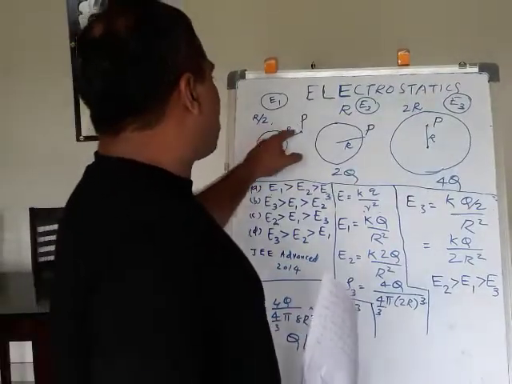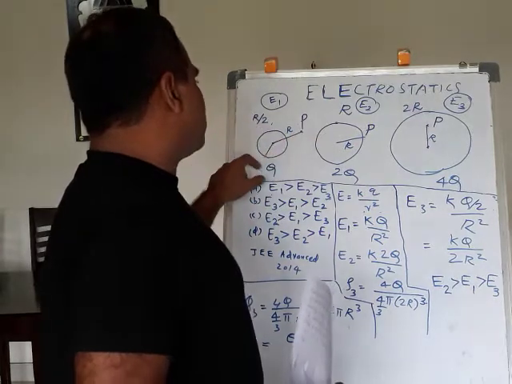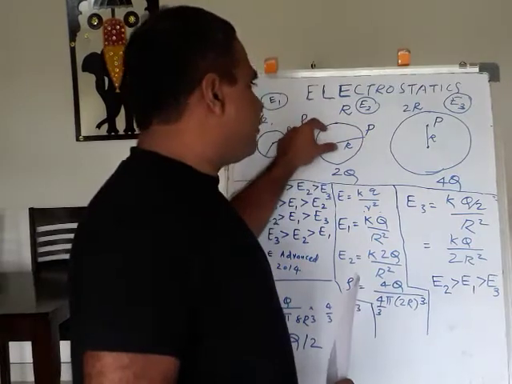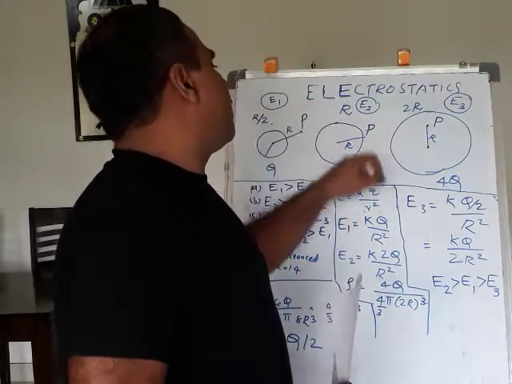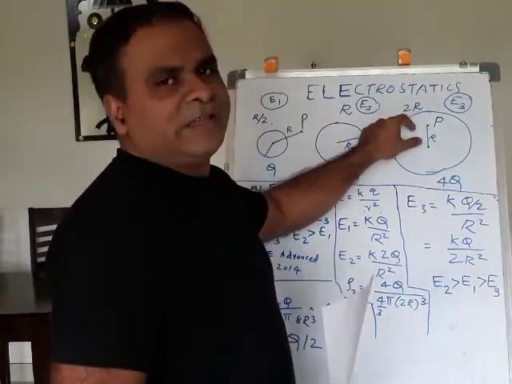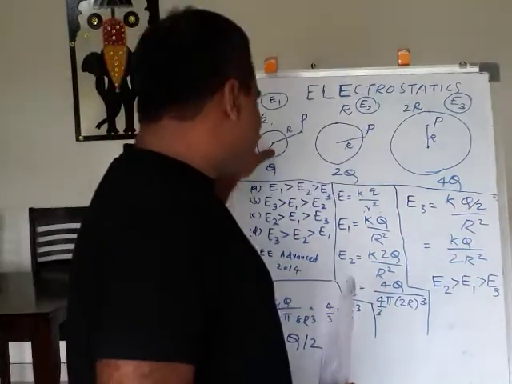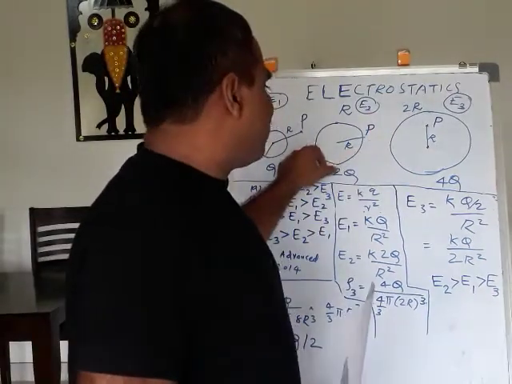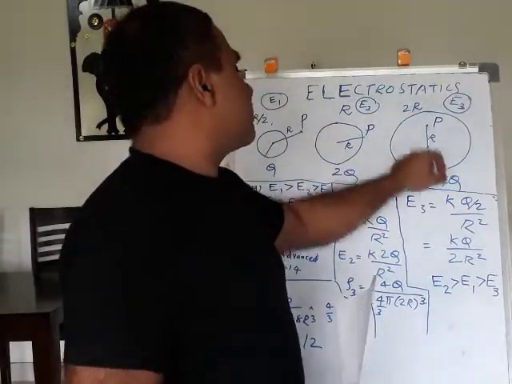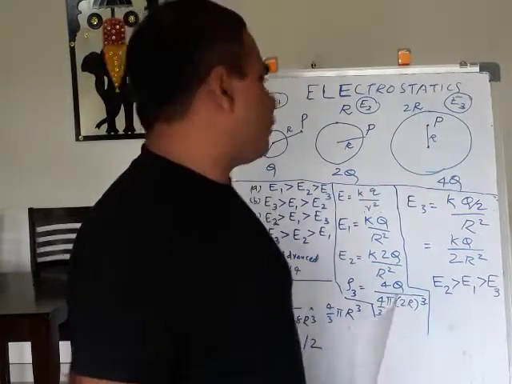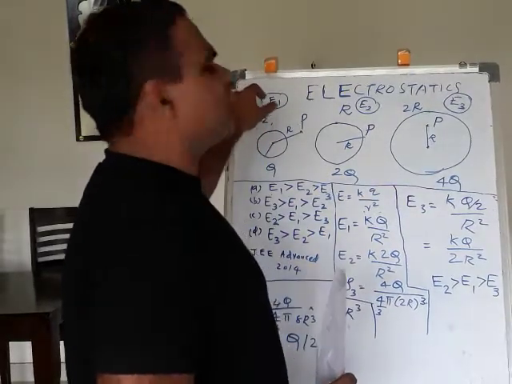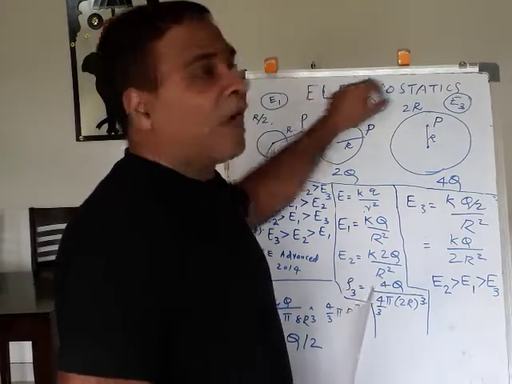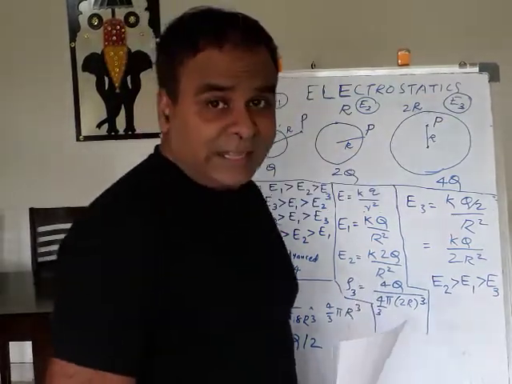Once again, the radius of the first sphere is r by 2, the radius of the second sphere is r, and the radius of the third sphere is 2r. The charge given to the first sphere is q, to the second sphere 2q, and to the third sphere 4q. The electric fields of the first, second and third spheres are E1, E2 and E3.